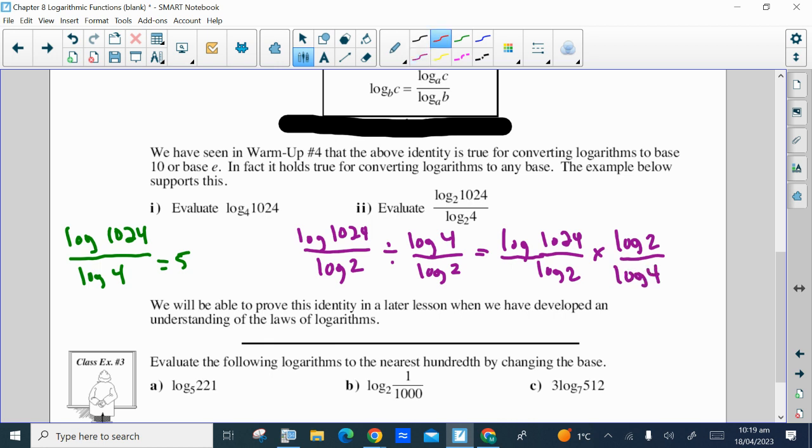And what happens here is that the log 2's cancel, and you'll get log of 1024 divided by log 4, which we got in part A when we just used the change of base identity. So again, this illustrates the fact that when you use a change of base identity, you can set the bases to anything you want as long as they're the same. If you do that, then those parts will always cancel. Okay.